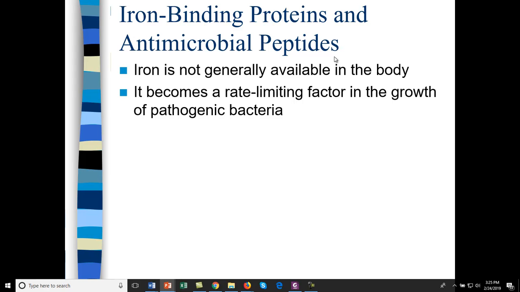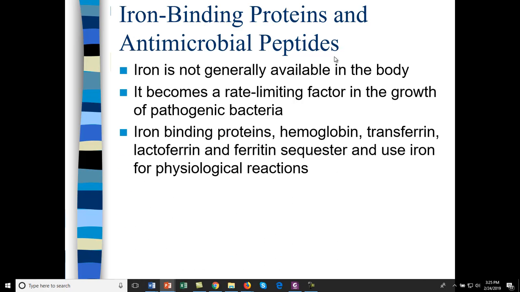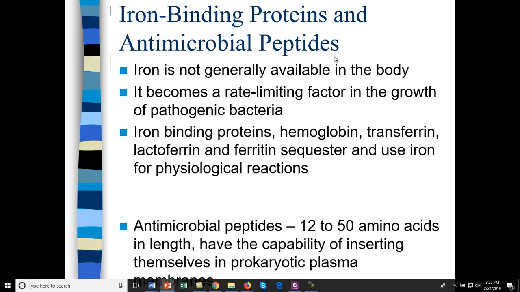So it's looking for things like transferrin or other proteins in order to give up its iron. Iron-binding proteins like hemoglobin, transferrin, lactoferrin, and ferritin will actually take up iron, and they'll use iron for physiological reactions. And when they bind iron during pathogen attack, the pathogens can't get at the iron, and the pathogens don't survive.